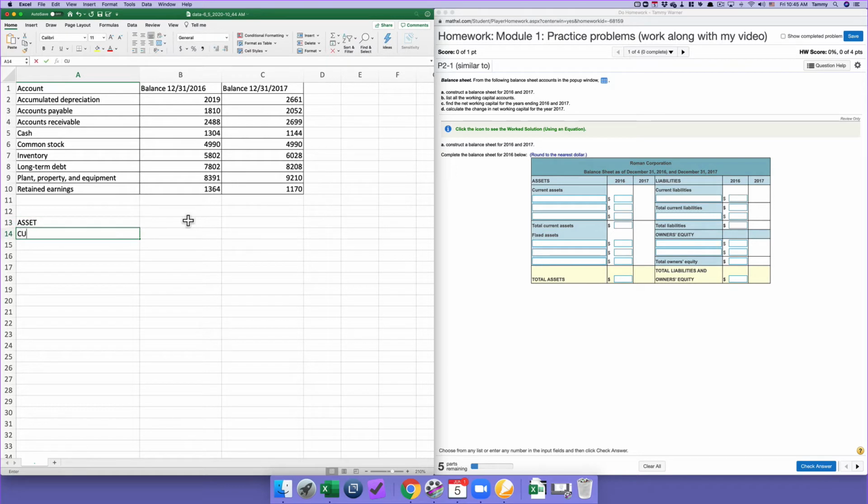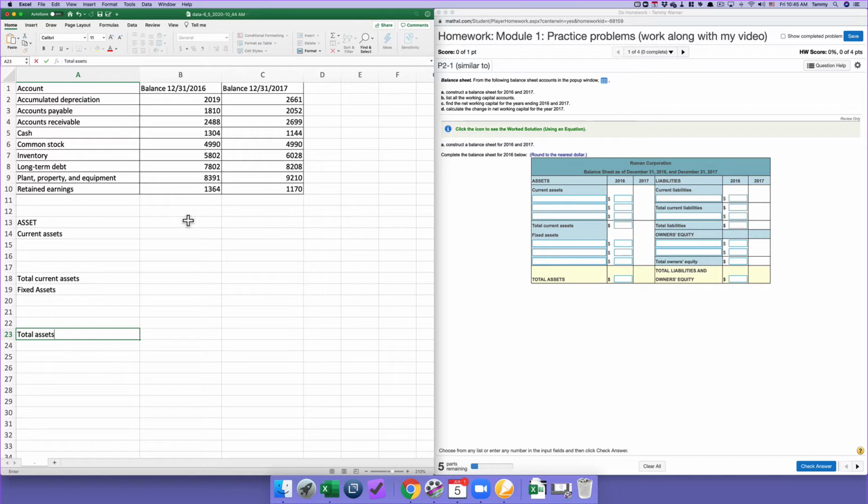We have current assets, and there are 3 lines there, 1, 2, 3, and then total current assets, and then fixed assets, and then 3 lines there, 1, 2, 3, and then total assets.